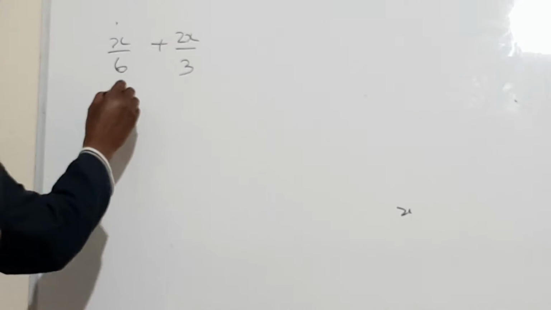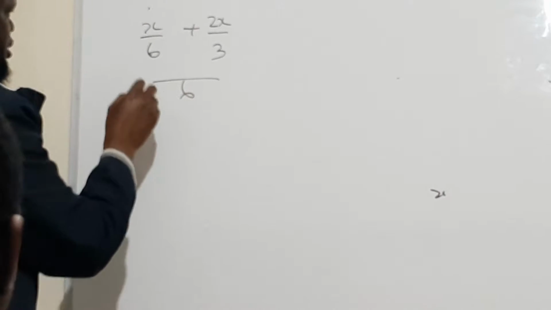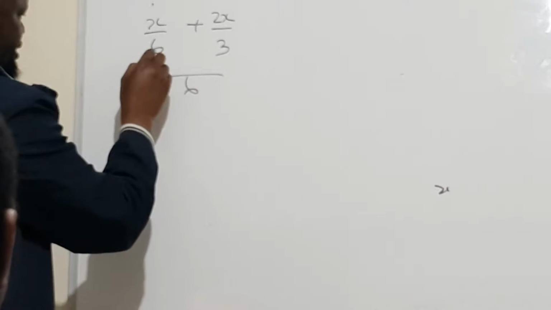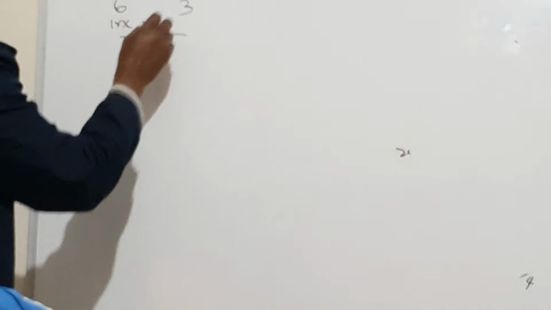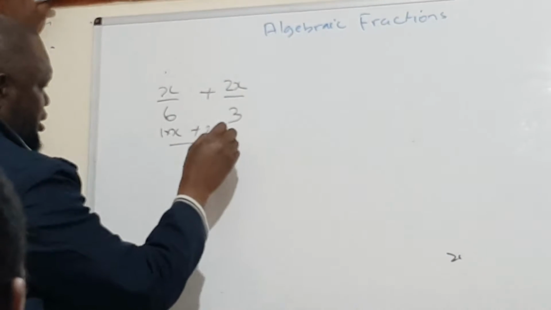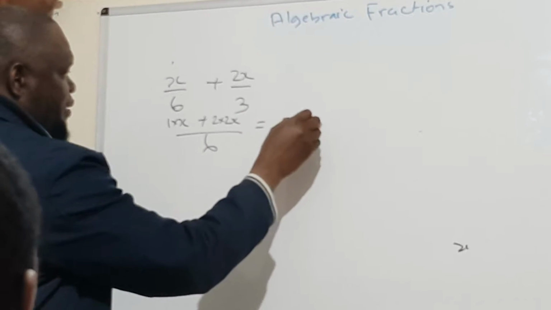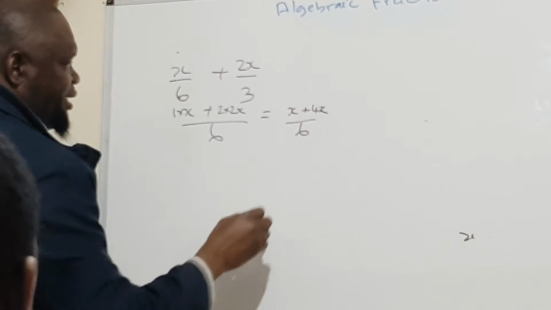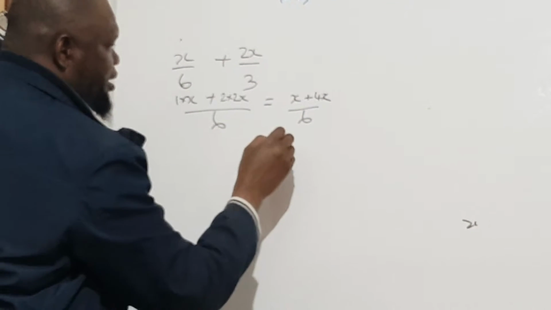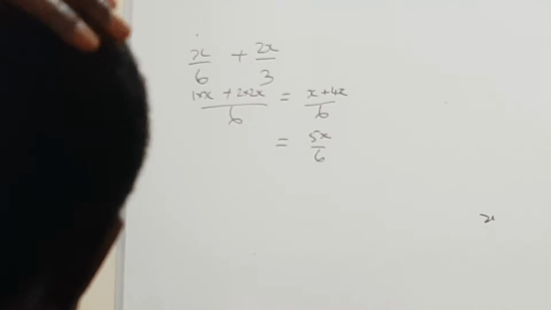So 6 into 6, how many times? 1 times x, plus in the middle, 3 into 6, 2 times 2x. So you're going to have x plus 4x over 6. That is equal to 5x over 6.